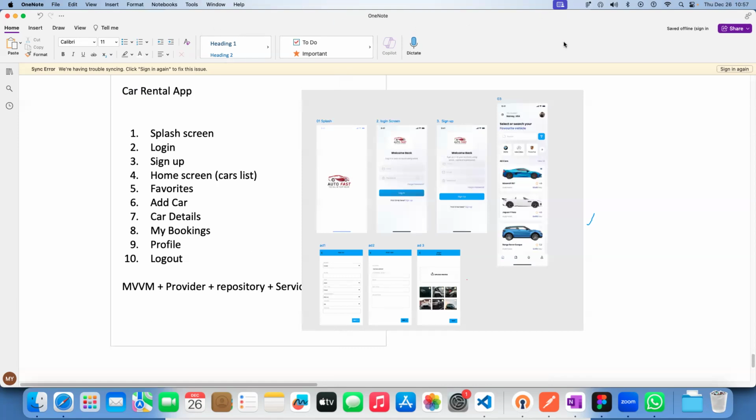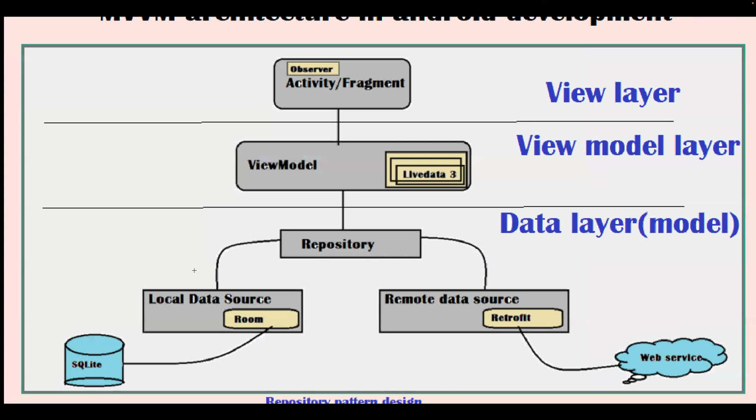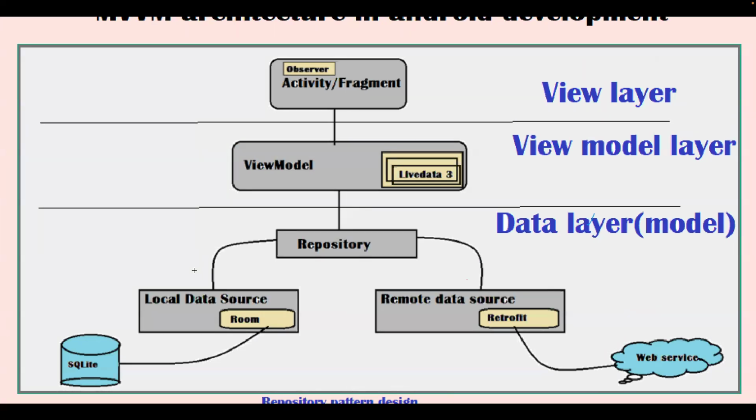Let me show you the MVVM pattern design. Here you can see three layers: the view layer, the view model layer, and the data layer. In the view layer, we just design the screen. In the view model, we write some logic. The view informs the view model of the actions you perform in the view.